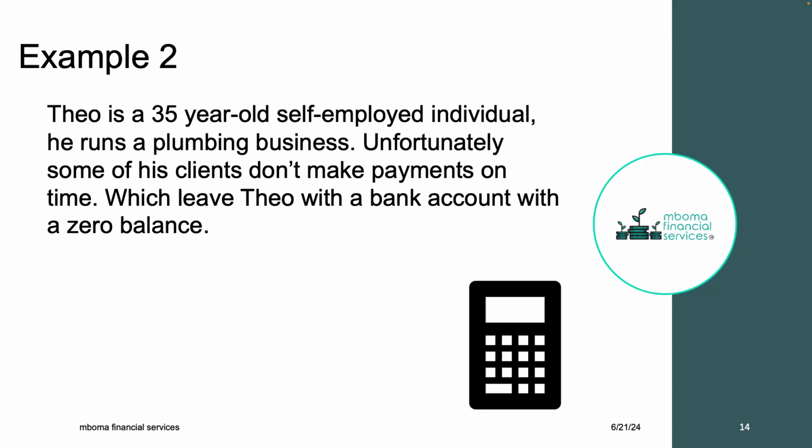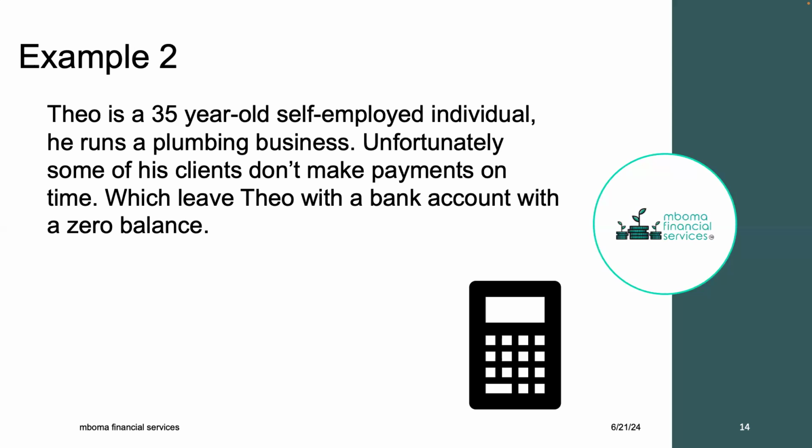So you see, Theo's situation is slightly different from Sandra's, because Theo doesn't have enough funds in his cheque account, right? Then it leaves him with a situation where his debit orders are not being honored, because there's not enough funds, or normally you get that message that just says insufficient funds on the account.